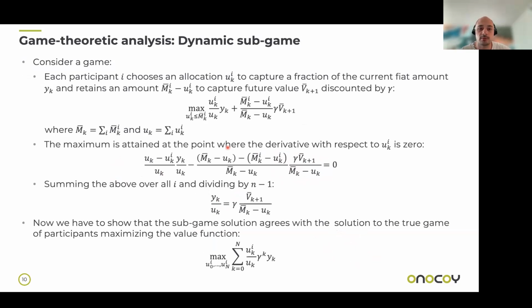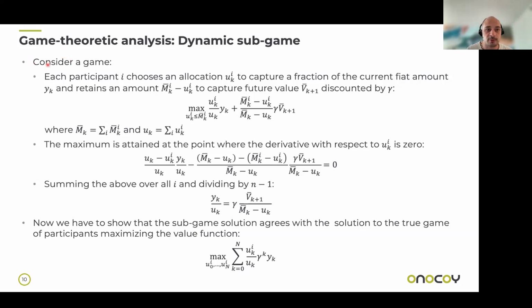And we are going to solve this game. In terms of how I've constructed this, it's important to just focus on the sub game right now, but we're going to expand this and talk about how it's used in the proof that this is the correct approach to value the burn and mint economy.